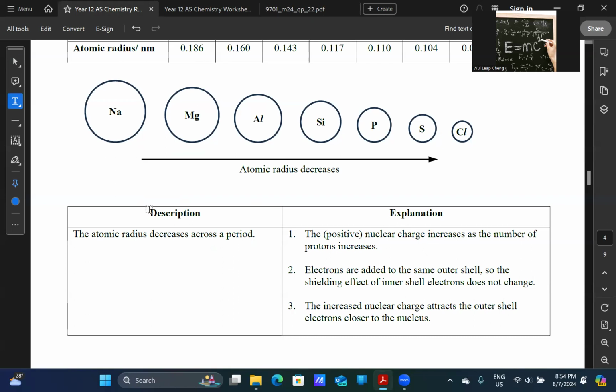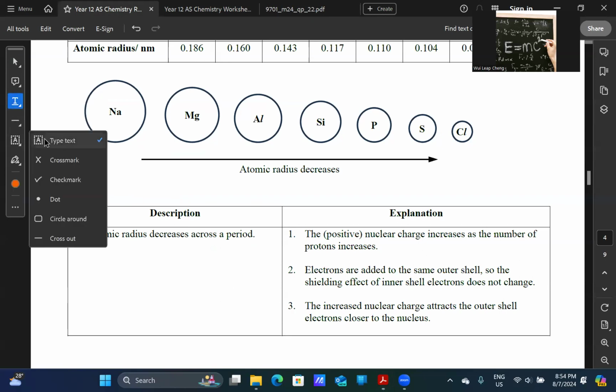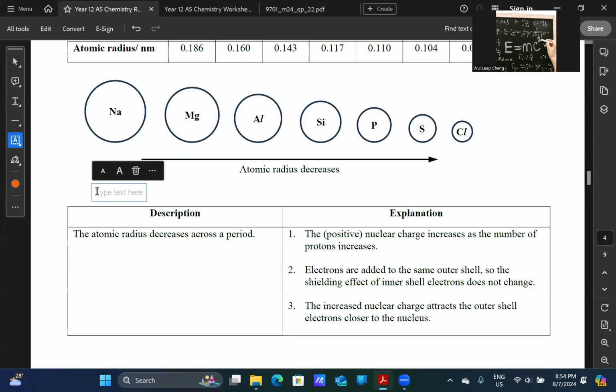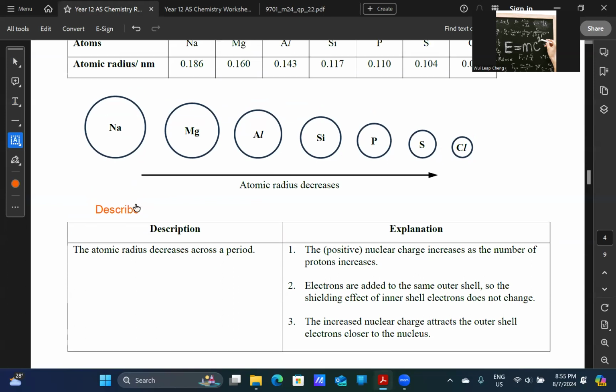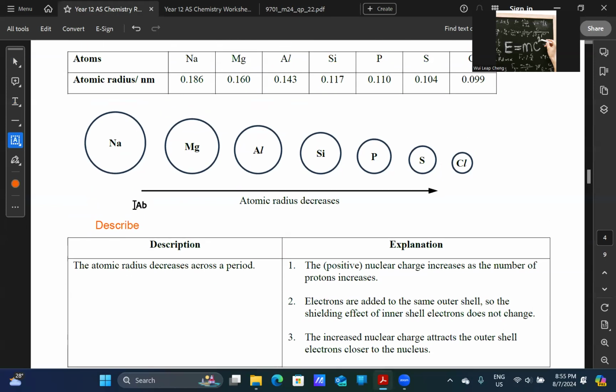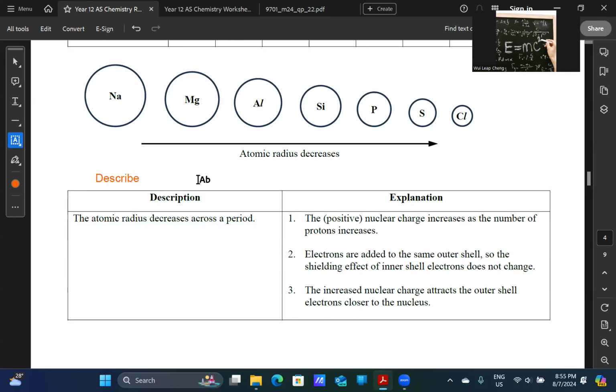When you are asked to describe the pattern of the atomic radius, when you see the command word describe in your A-level paper, if they ask you to describe the changes of the atomic radius across a period, then you do not provide any reason.